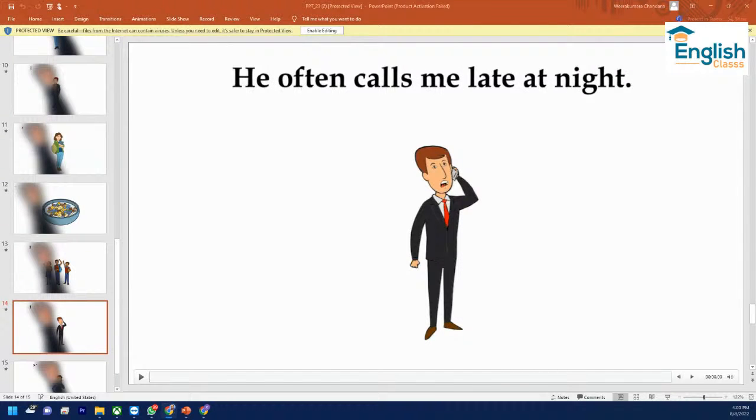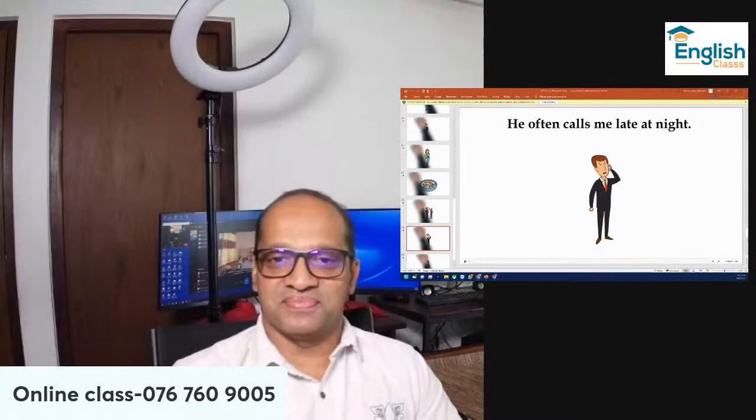This is a simple present tense sentence. Here in this sentence, the subject is singular. He. So we have added S sound to the verb. He calls. He calls me. And the word often should be used just before the verb. He often calls me late at night.